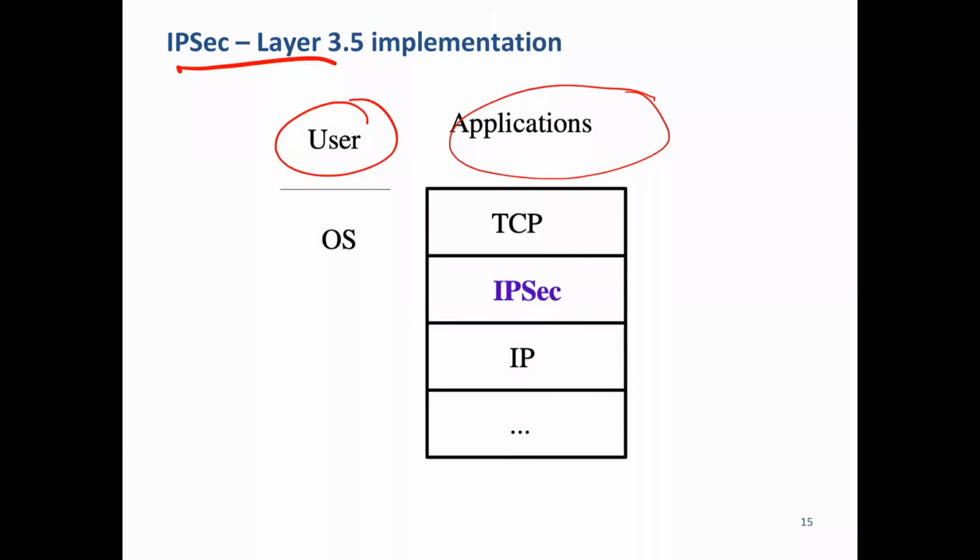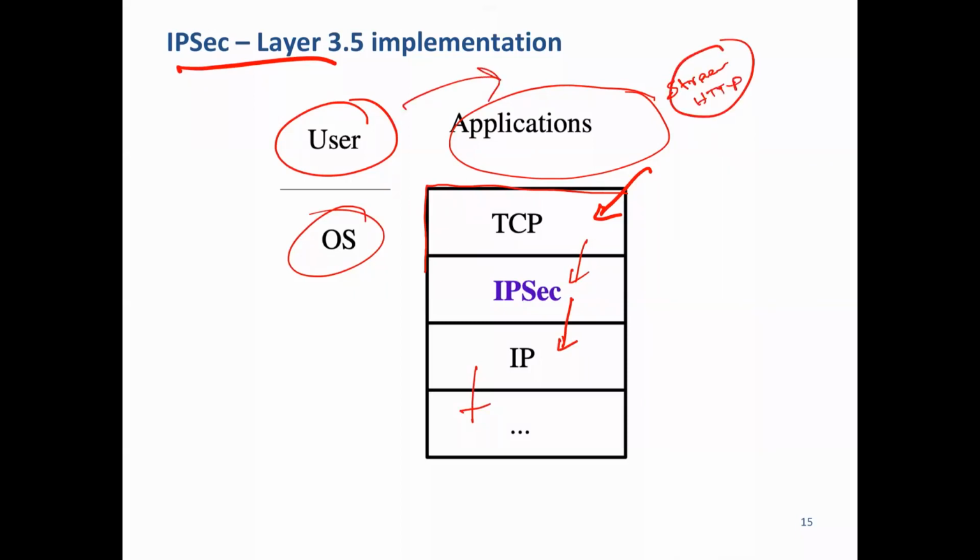Now all these activities of generation of TCP packets, then IP packet, IPsec packet, all these happen in the OS, in the control environment. Applications, whatever application, streaming application or file transfer application or HTTP application, they all work at the user layer or application layer.